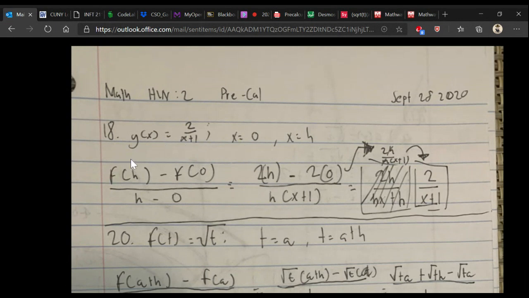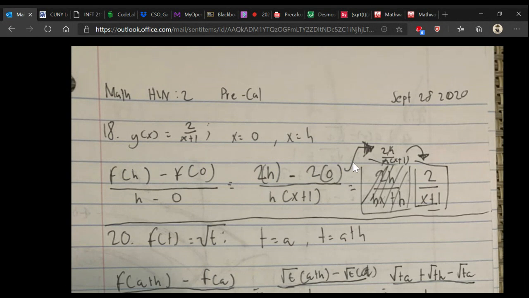It's going to be F times H minus F times 0 over H minus 0. After that, we continue the formula. It's going to be 2 times H minus 2 times 0 over H times X plus 1.